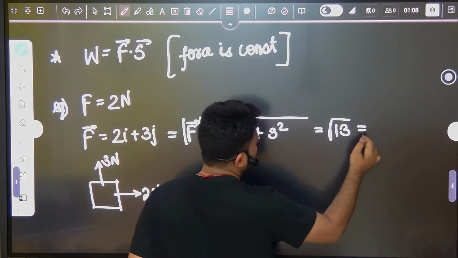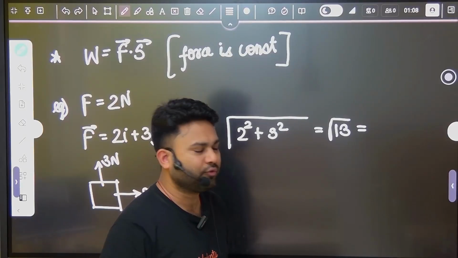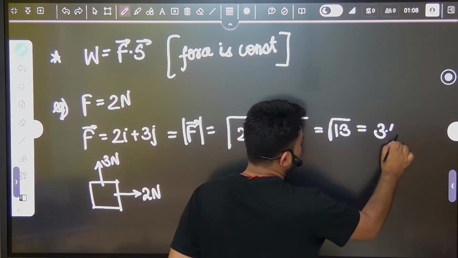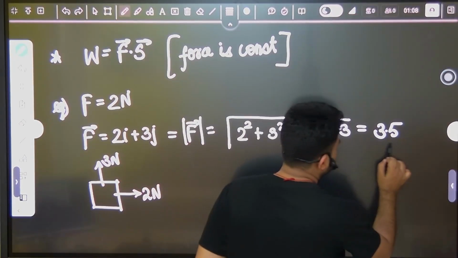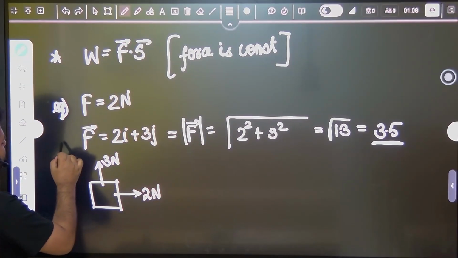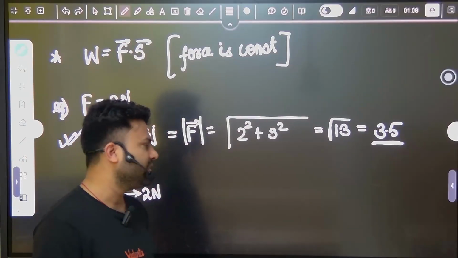Under root 13 means something between under root 9 is 3 and under root 16 is 4, so something between 3 and 4. Suppose I am taking, for example, approx 3.5. So see, we are getting the constant value. So this force, whenever you see like this kind, is a constant force, not a variable.